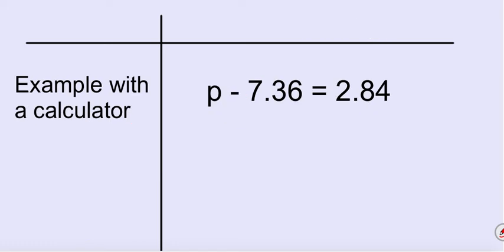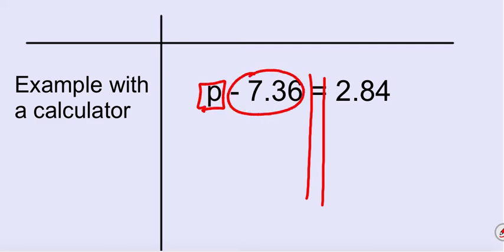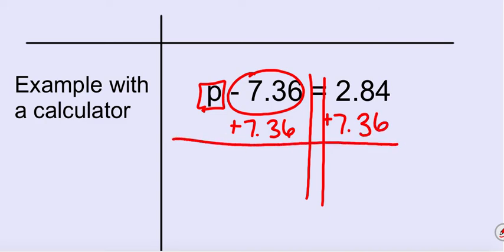Go ahead, pause, try this one, then come back and see if you got the right answer. Step 1, railroad track. Step 2, know what I'm solving for and what's bothering it and do the opposite. So the opposite of minus is positive or plus. Step 3, keep it balanced. So I need to do the same thing to the other side. Step 4, solve it. 4 plus 6 is 10.